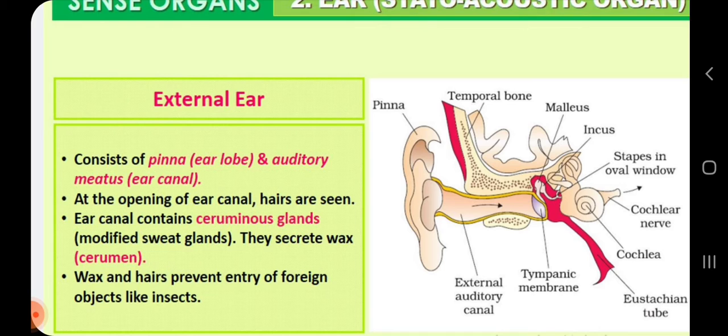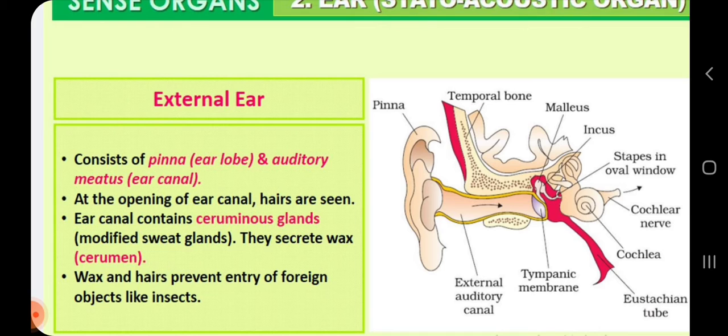What is the use of this wax secreted inside the ear? This wax and the hair present inside the ear prevent the entry of foreign objects like insects. This is about the external ear and the tympanic membrane.